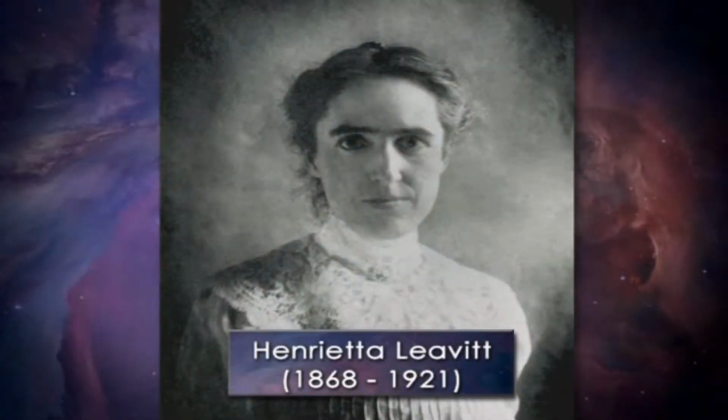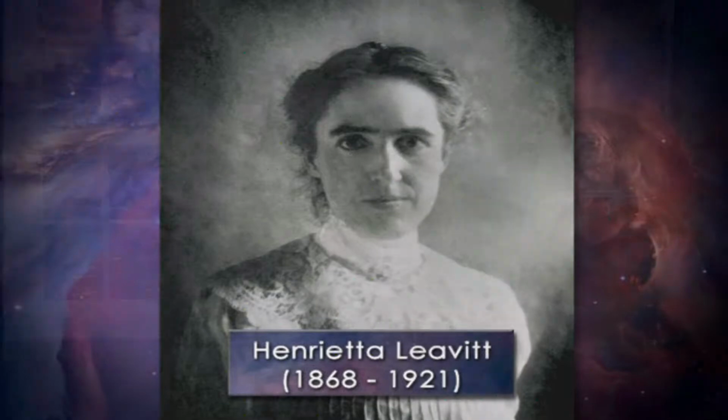Now, in 1912, Henrietta Leavitt, who was working at the Harvard Observatory, noticed a very interesting property of this kind of Cepheid variable star, as we now call this class of star. Intrinsically luminous Cepheids pulsate slowly, while less luminous Cepheids pulsate quickly. This sort of makes sense, reasonable sense.